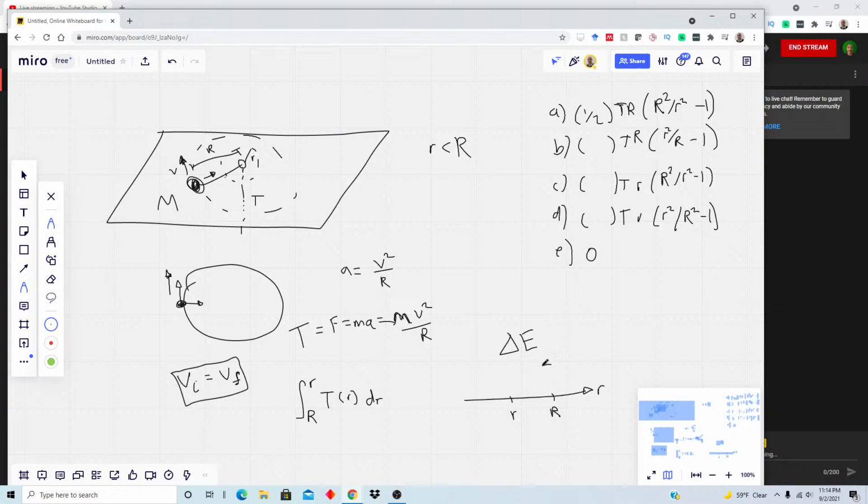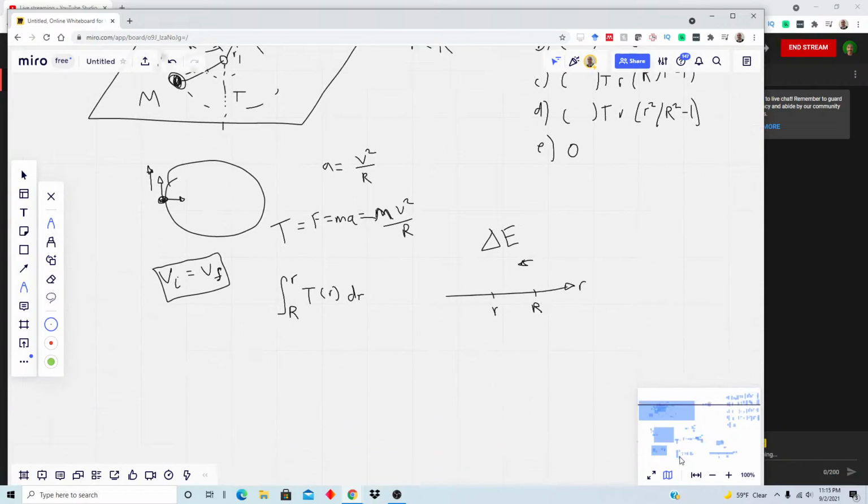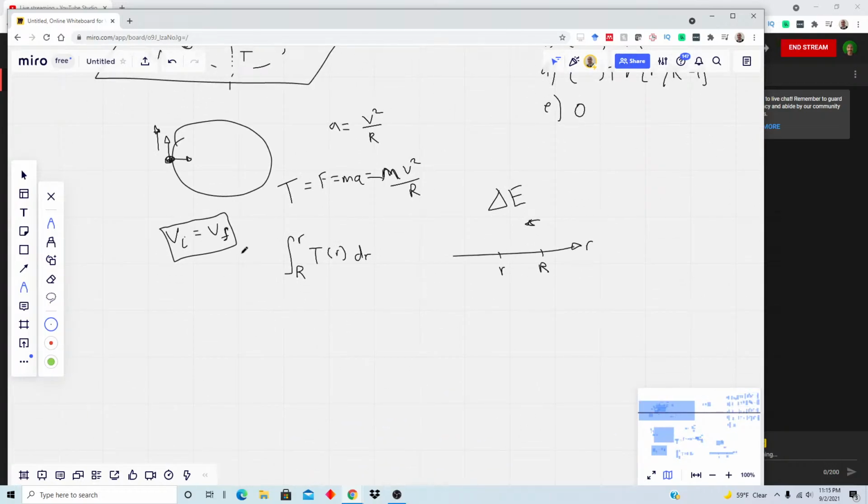The tension is in the opposite direction, then this is going to be negative. And so if we were to integrate this, this is the work done. This is basically the change in energy that we're calculating.